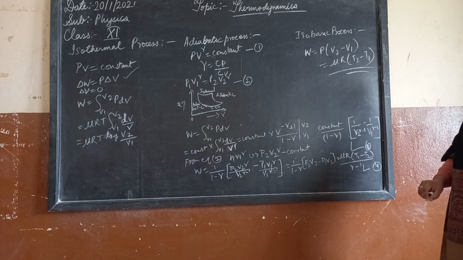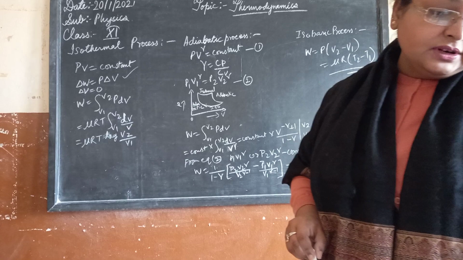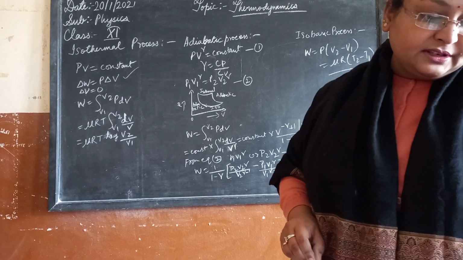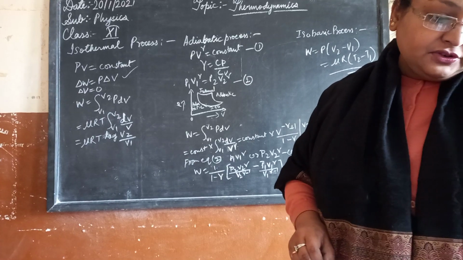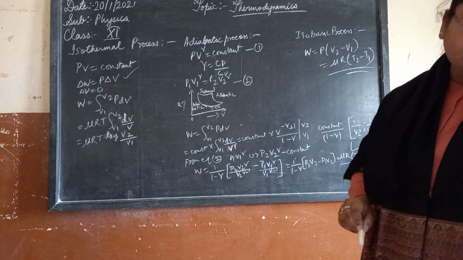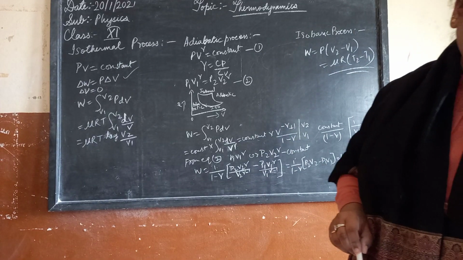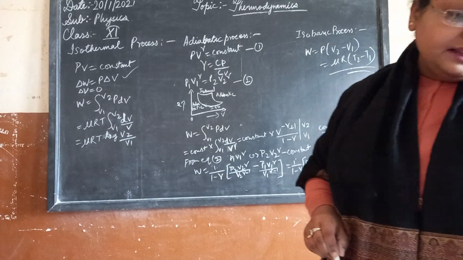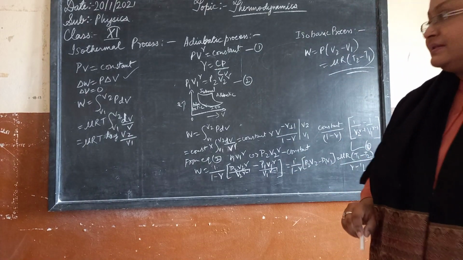This is equation number 4. So we get that work is done by the gas in the adiabatic process, W is greater than 0, from the equation given last. Here T1 is greater than T2. On the other hand, if work is done on the gas and W is less than 0, then T2 is greater than T1 and the temperature of the gas rises.